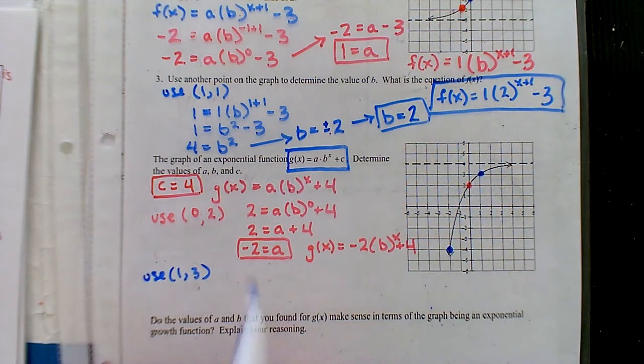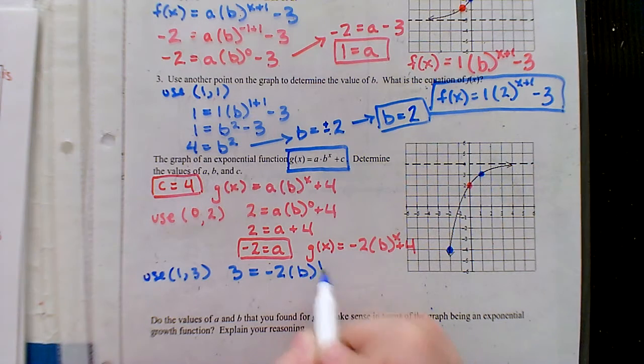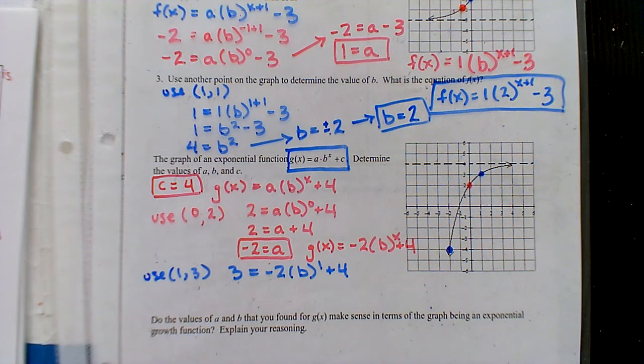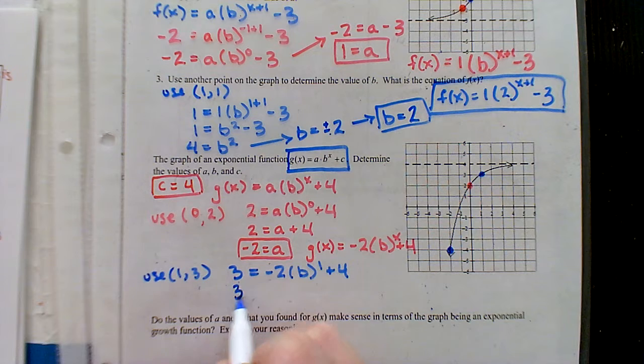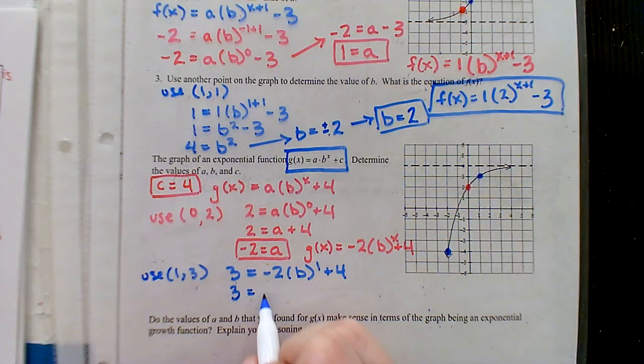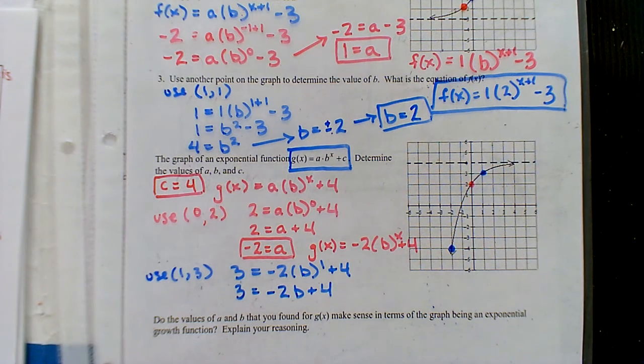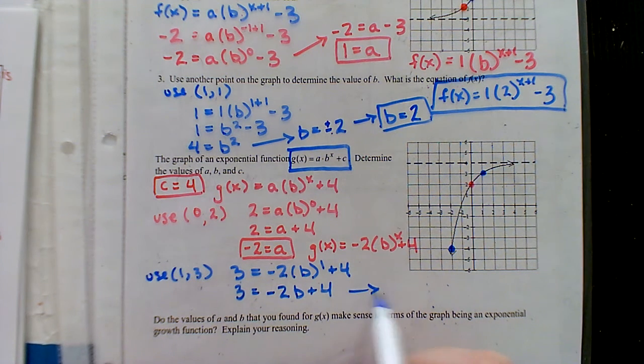So 3 is a y value. 1 is the x value. What's b to the first power? Just b, yep. So solving for b, we can subtract the 4, divide by -2.